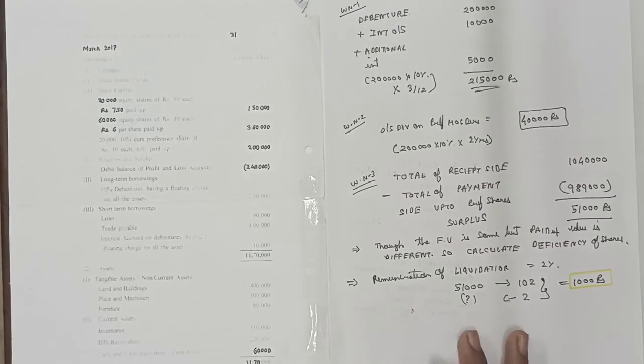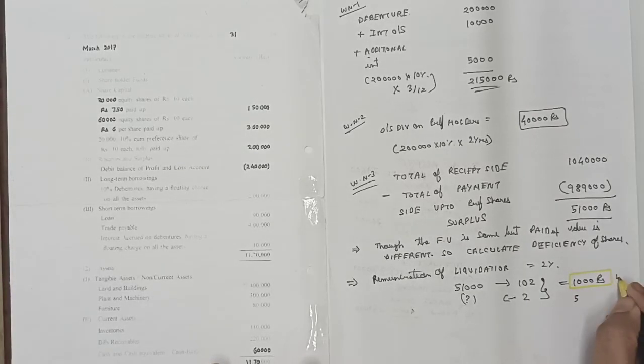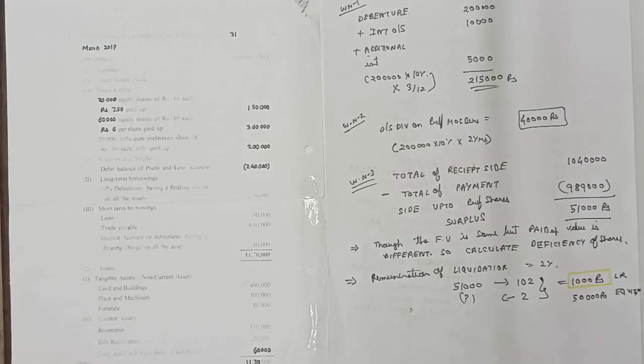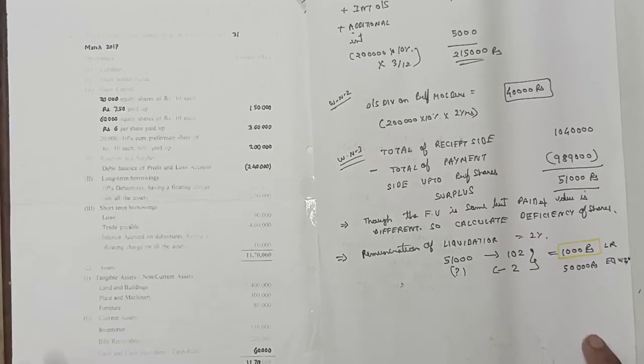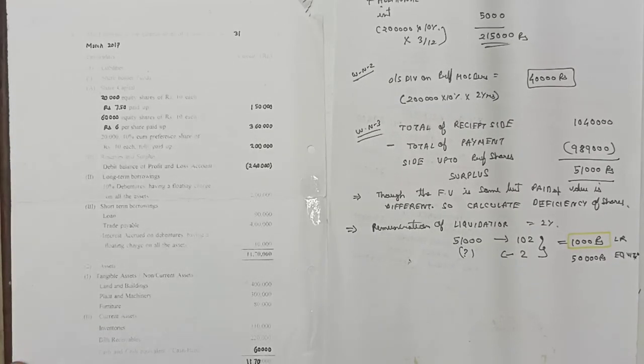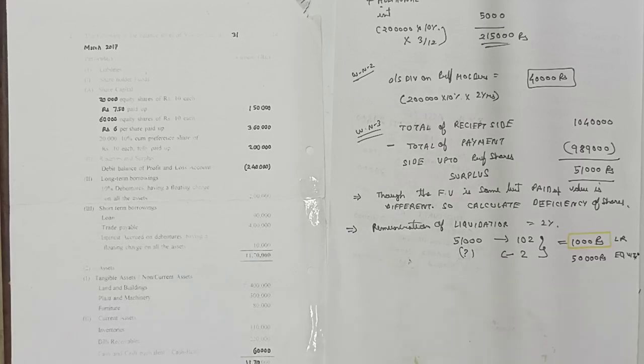Now I can say, students, the amount left for equity shareholders is only 50,000, right? So 1,000 is my liquidator's remuneration and 50,000 rupees is my equity. Is it clear? So 50,000 is equity. Now we can calculate the actual amount which is to be borne by the shareholders. Fine. Is it clear? Okay.